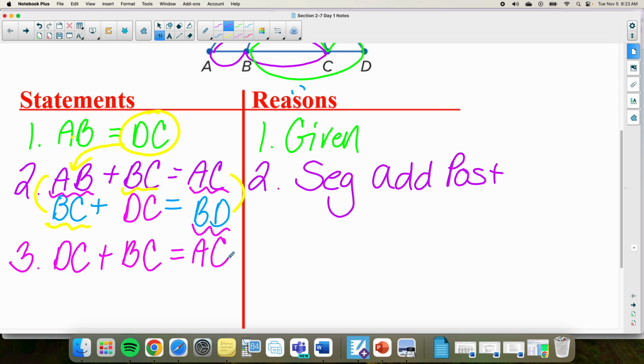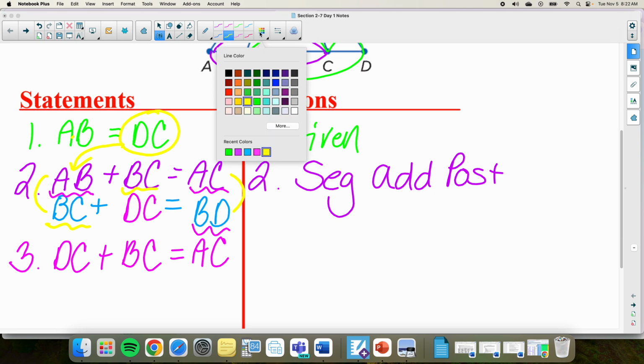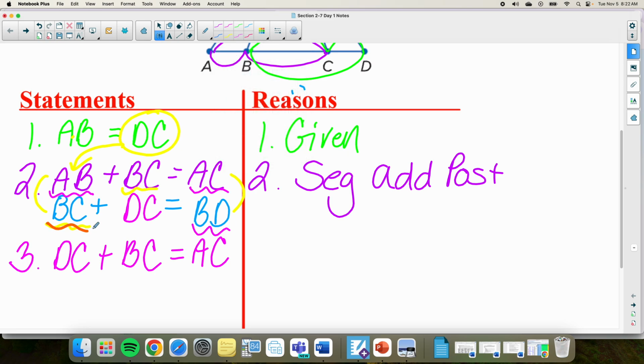Okay? Now look at what I want to do here. Look at this and this. They're added together. They're the same two things added together. They are in different order, but that doesn't matter. Okay? So what we can say then is because these two are equal, that makes those two equal. Okay?